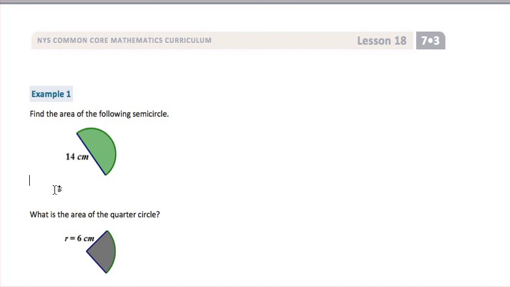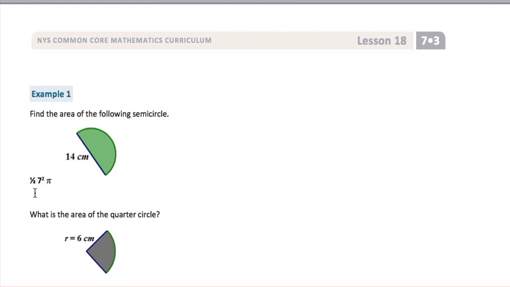So if I have the semicircle with a diameter of 14 centimeters, our radius is 7, so we'll do 7 squared times pi, and we'll need to find 1/2 of that. 1/2 times 7 squared times pi.